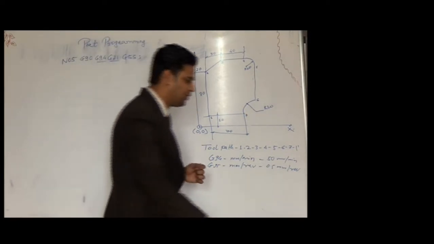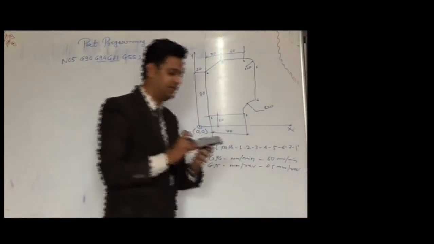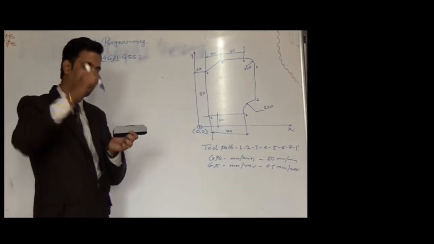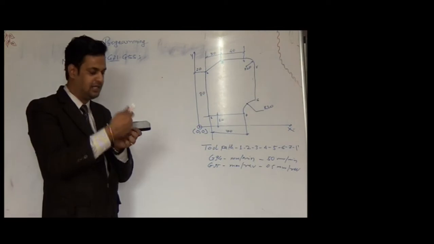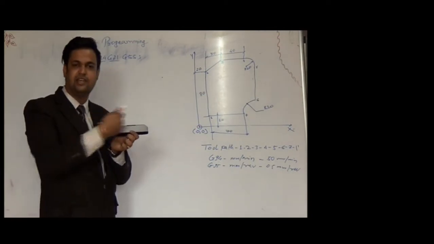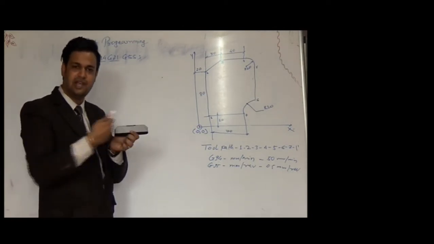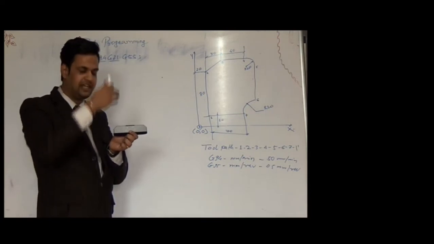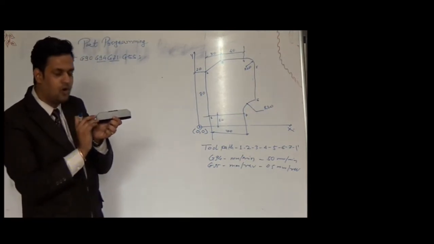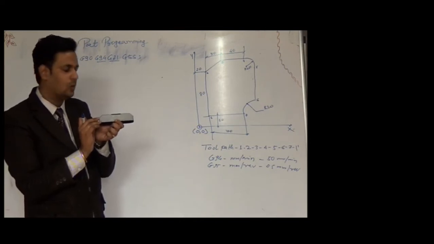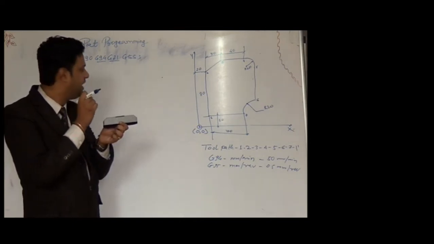Okay, suppose this is your rectangular profile and the cutter is moving; this is the Z direction, this is the Y direction and this is the X direction. I have to make the workpiece 0 at this corner edge. Then how will I make that workpiece 0?